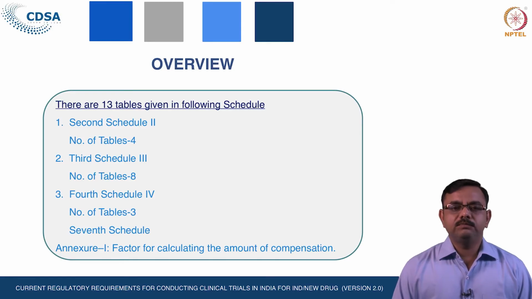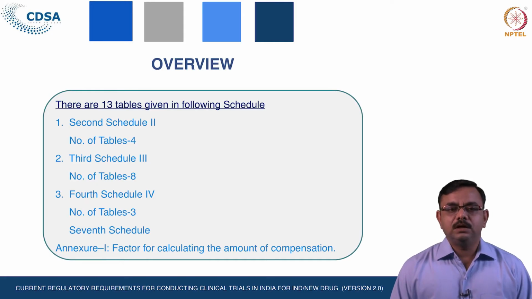There are 15 tables given in the schedules of the New Drugs and Clinical Trials Rules. As we know, there are around 8 schedules, but tables are given in only a few of them, and these have been listed here. The second schedule has 4 tables.